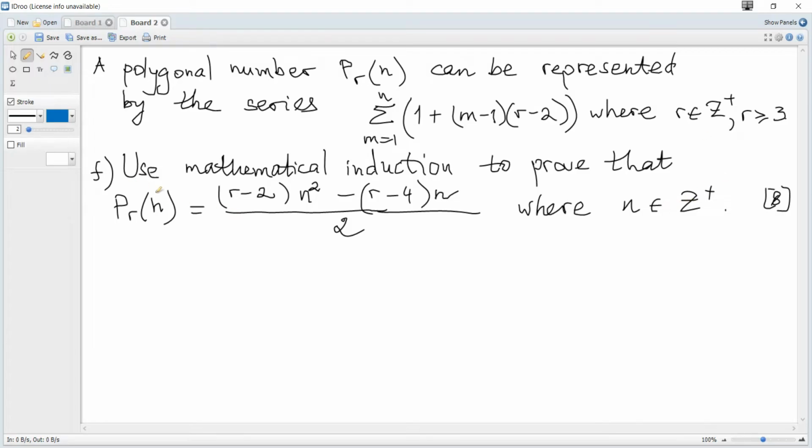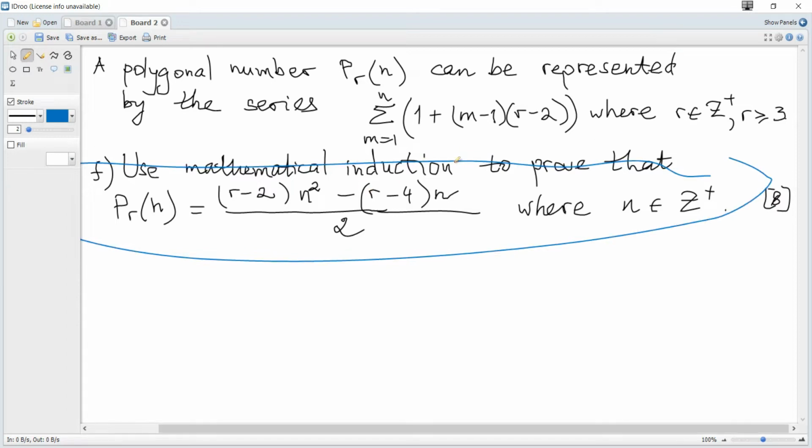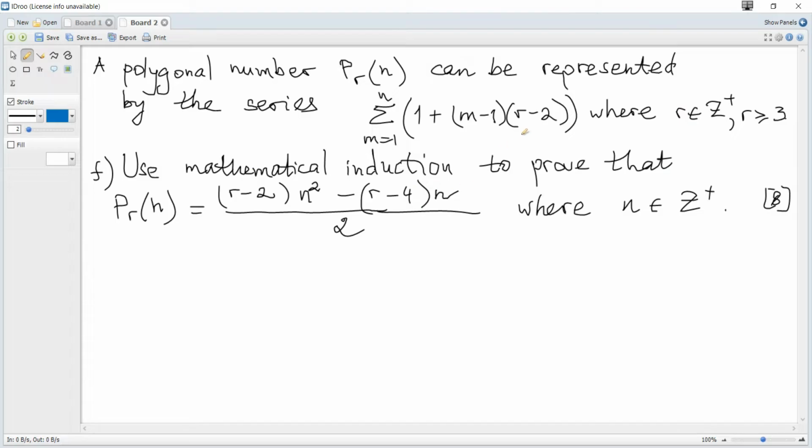So we start as usual, consider the first possible value of n. Our proposition is this one, and we need to show that it's true, that it coincides with this statement for any n. So for n is 1, we get the next.